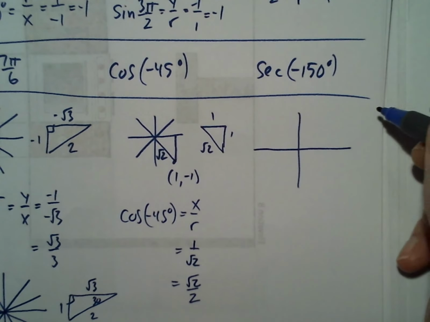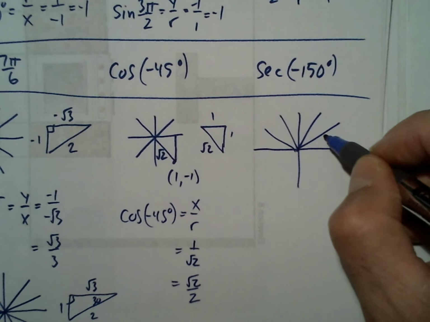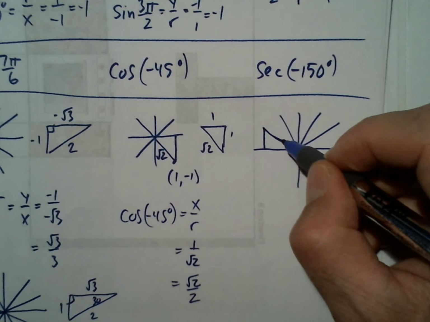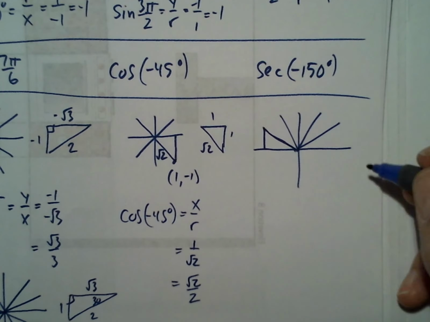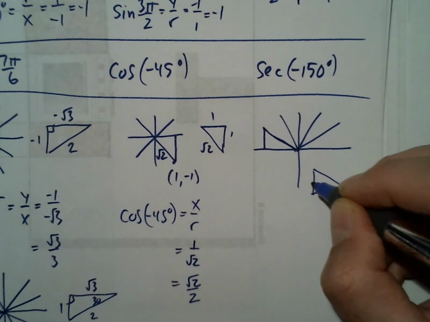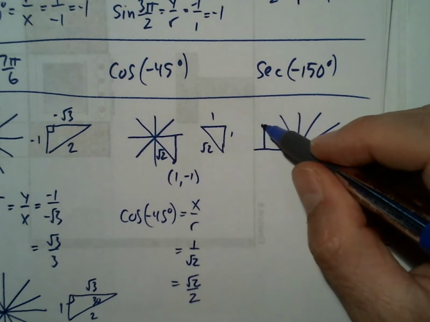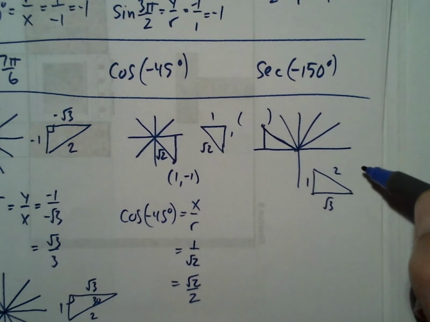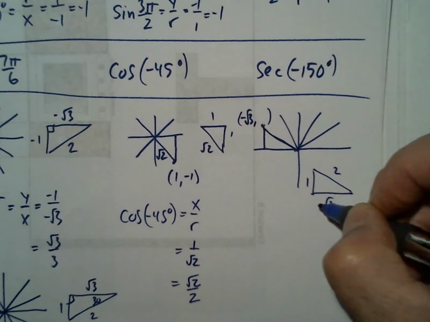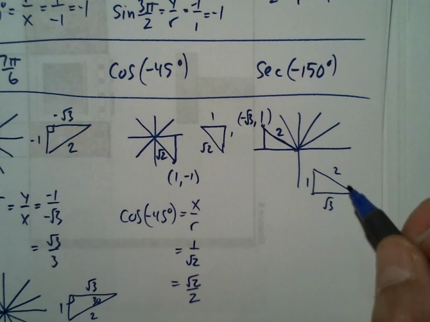150 is a multiple of 30. 30, 60, 90, 120, 150. So that's where we want to look at the triangle. And if that's a 30, then we go 1, 2, radical 3. And for the coordinates, we're going to have a negative x value and a positive y value with a radius of 2.